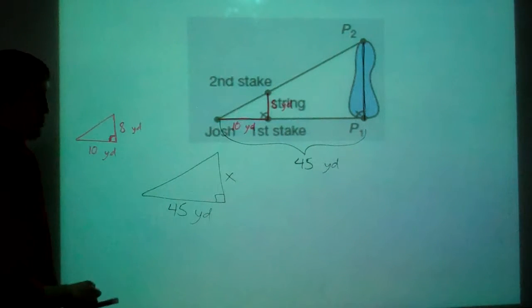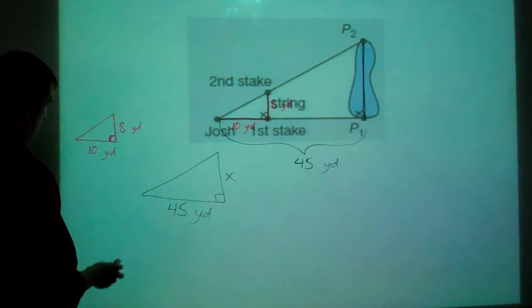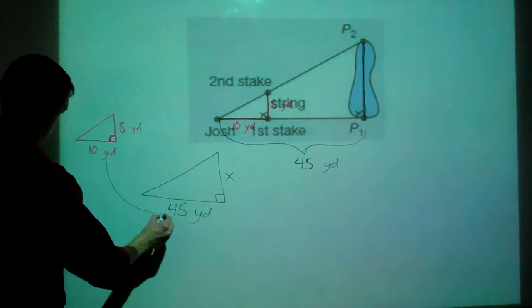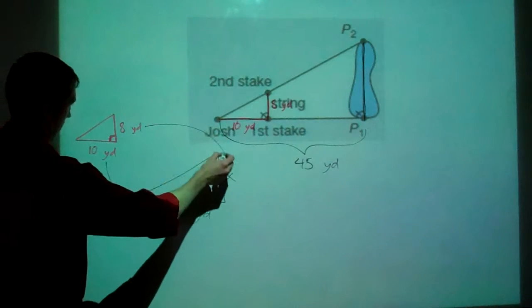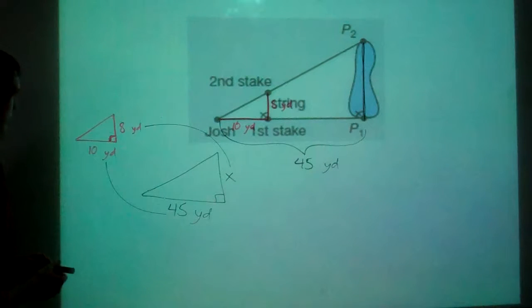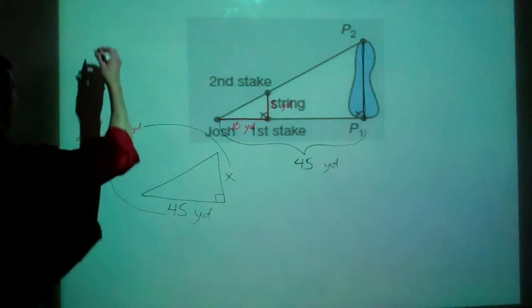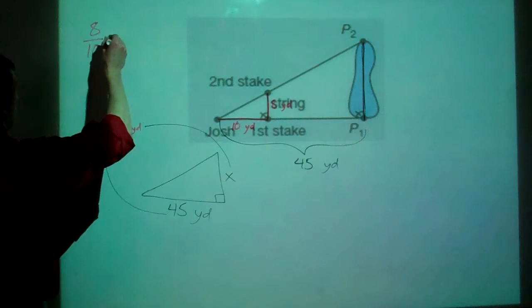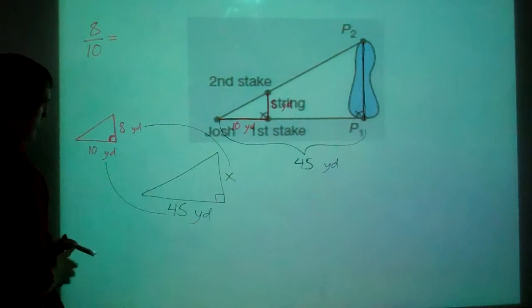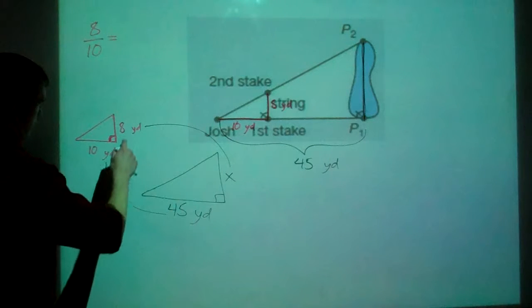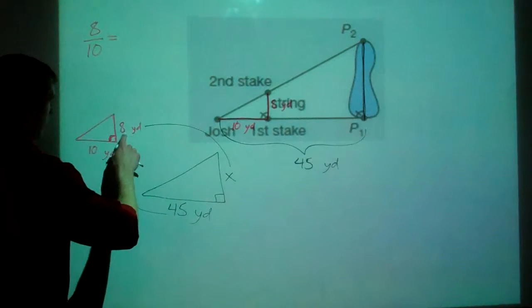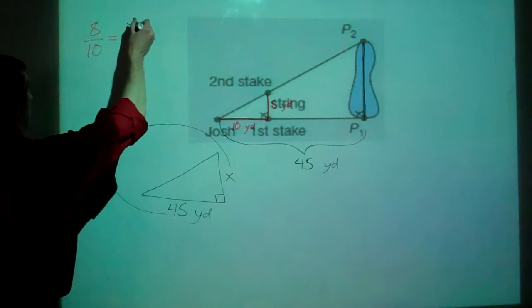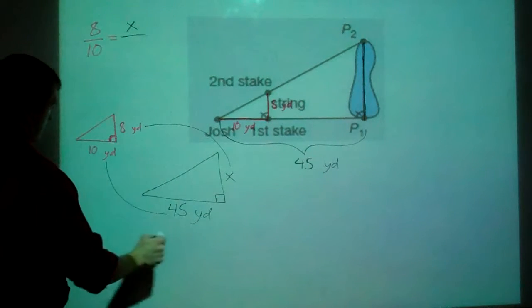Alright, so we can relate the sides once again. Now, this one relates to this one, and 8 relates to this side. So we write our proportion. We have 8 over 10 we can do, and we just need to make sure we match up with the corresponding side. So x corresponds to 8, and 10 corresponds to 45.